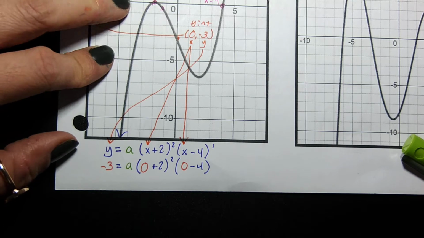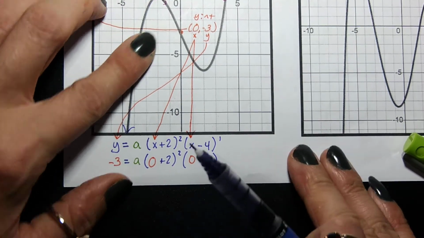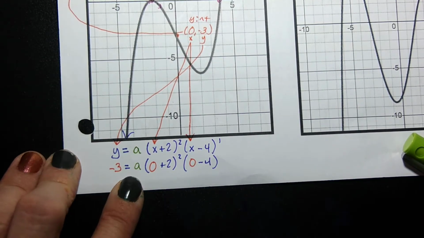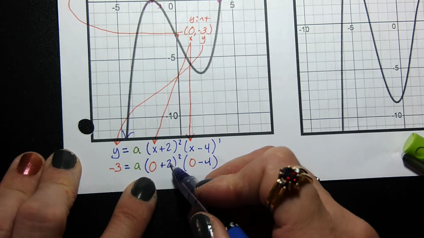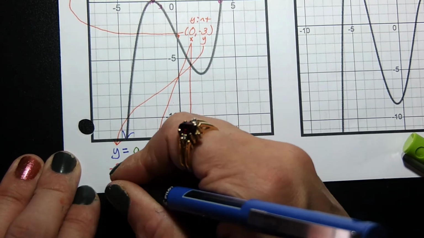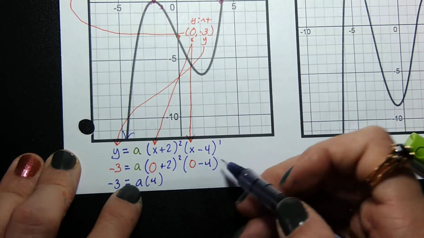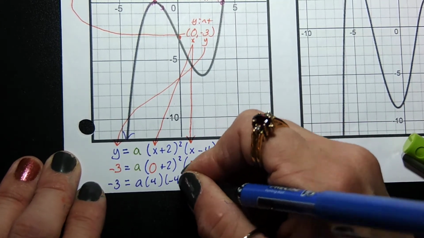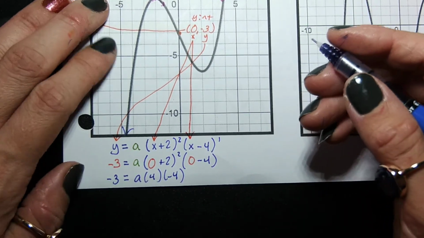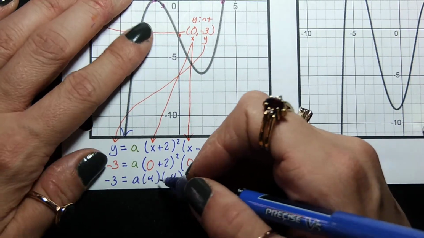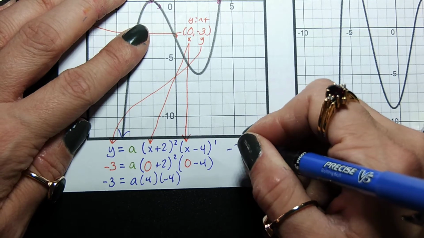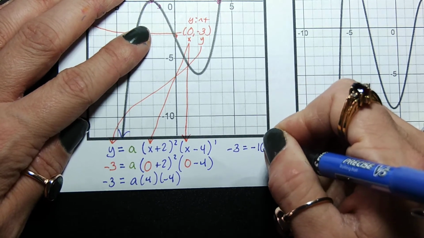So we're going to skip a little bit of work here because we've been practicing finding the y-intercept. 0 plus 2 is 2, and what's 2 squared? 4. So a times 4. 0 minus 4 is -4. So what we end up getting is a times 4 times -4, or -16a.